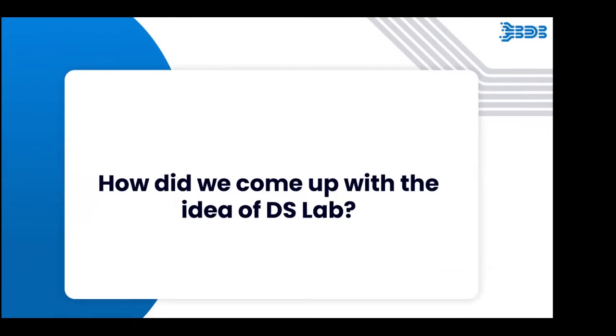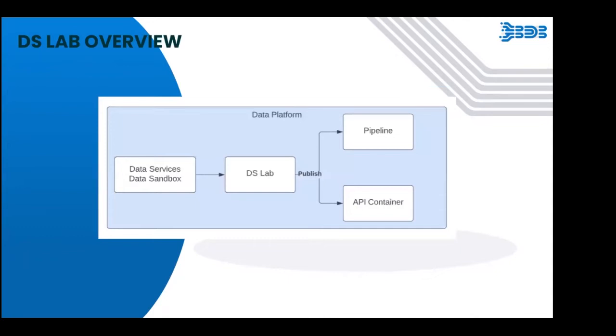So how did we come up with this idea of DS Lab? I just briefly mentioned the dilemma that data scientists usually face: they come up with a model and then wait for someone else to productionize it. This takes a lot of time and a lot of skill, especially knowledge of cloud technologies, how to work with AWS, Azure, and GCP, and how to set up your cloud platform there.